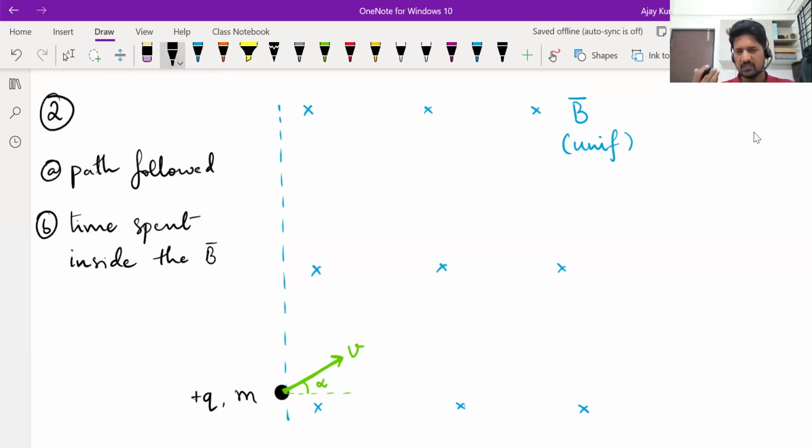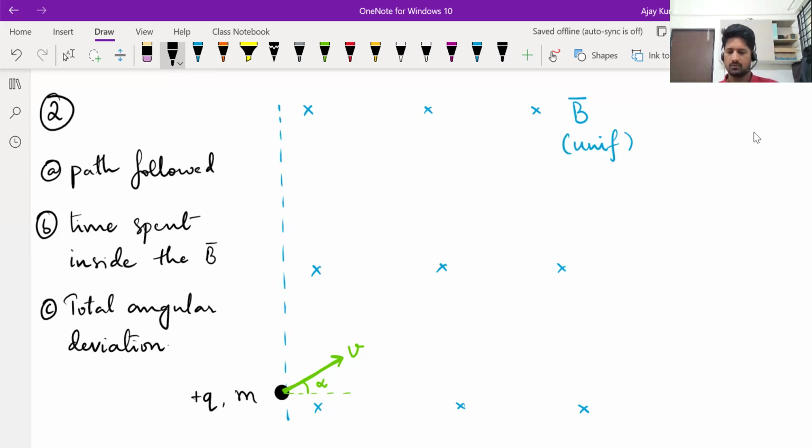If you think it will be in the magnetic field forever, then the answer to the second part is infinite. Then the total angular deviation of the particle. Like you have to imagine what happens to it later up to infinite time, and up to infinite time you should find out how much it rotates.